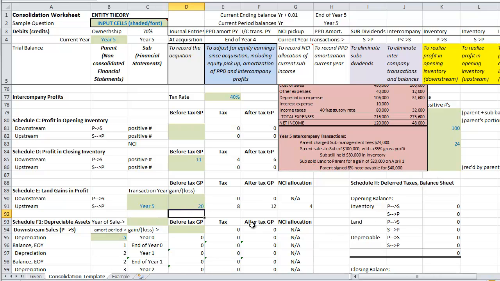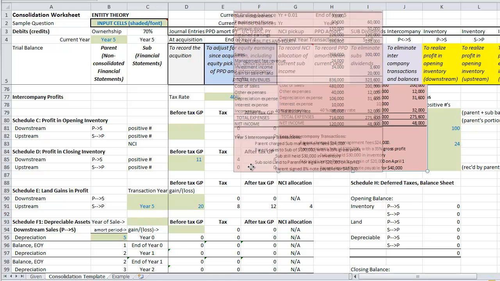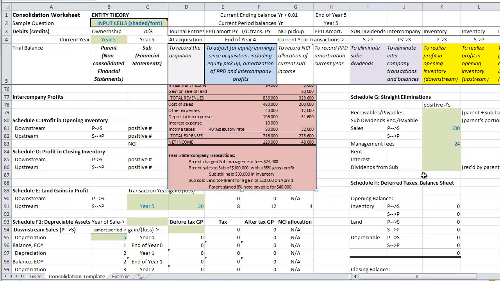So once again, we have to go over to our section of the straight eliminations, and we'll input a note receivable of $40,000, due to/from, which needs to get eliminated, as well as interest. So interest on $40,000 for 9 months times 8% gives us interest of $2,400 that needs to be eliminated on that note. And there we have it.